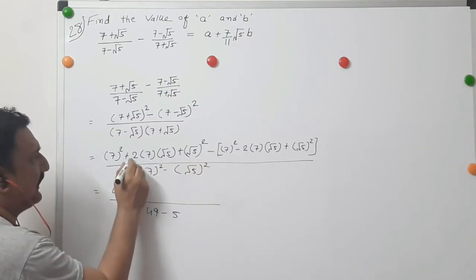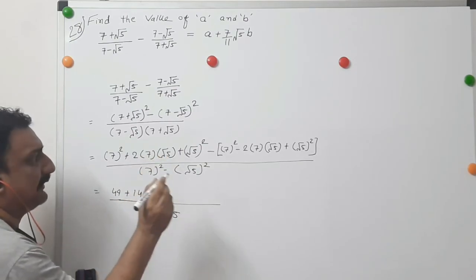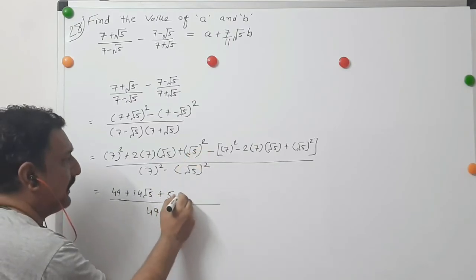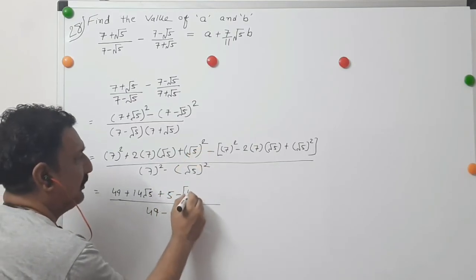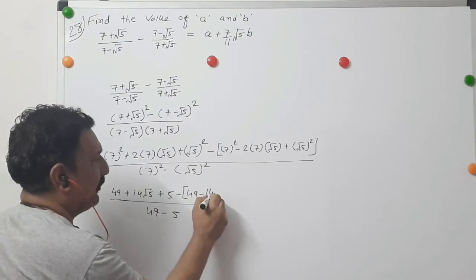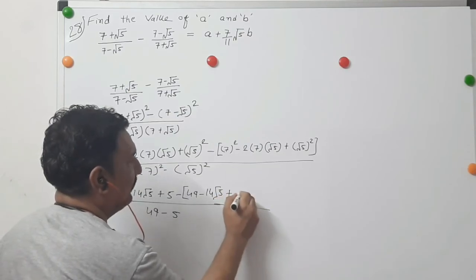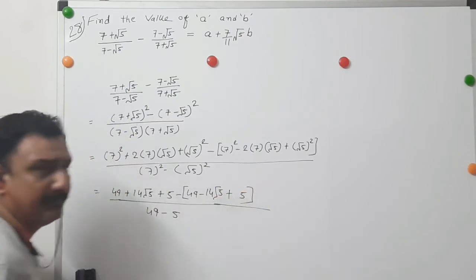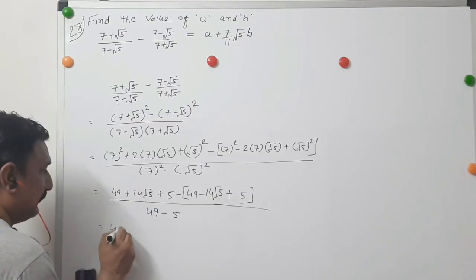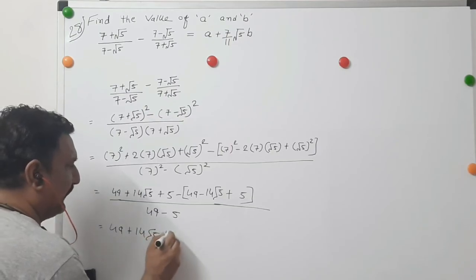Now simplify the numerator. What do you get? 49 plus 14 root 5, root 5 we keep as it is, plus root 5 square, that is 5, minus, into bracket, 49 minus 14 root 5 plus 5. Resolve the bracket of the numerator: 49 plus 14 root 5 plus 5.